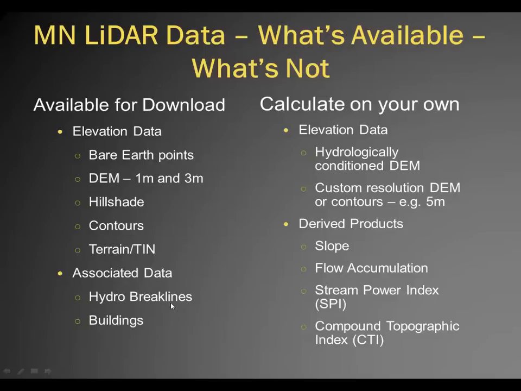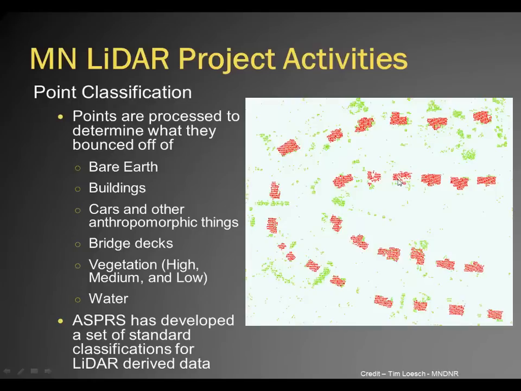And there were some hydro break lines which were used in this processing. And then obviously there are buildings that were pulled out of this data, so this information is available for you. Now you've got to calculate some other derived products using GIS skills: the slope, the stream power, the flow accumulation, and to also hydrologically correct this product. And we'll be discussing this in later videos.